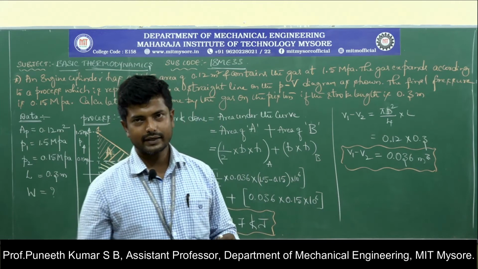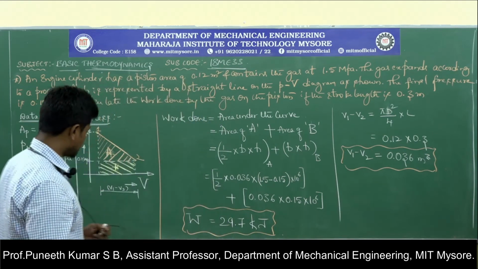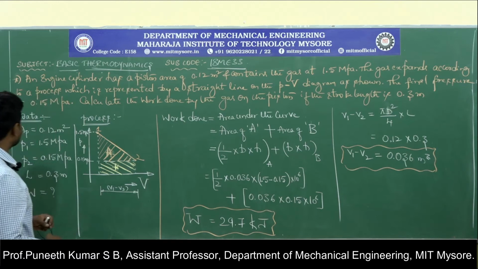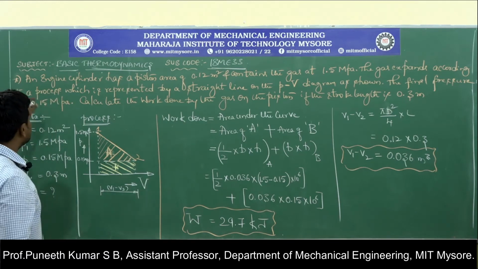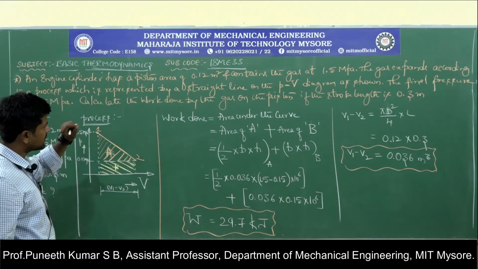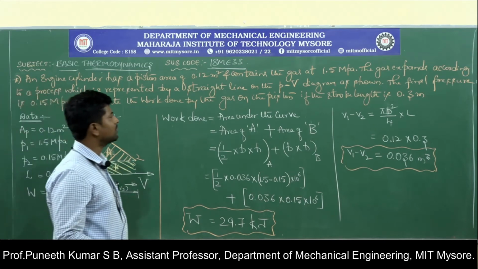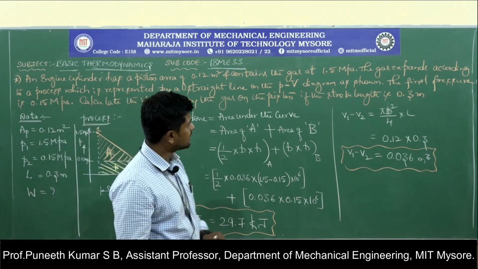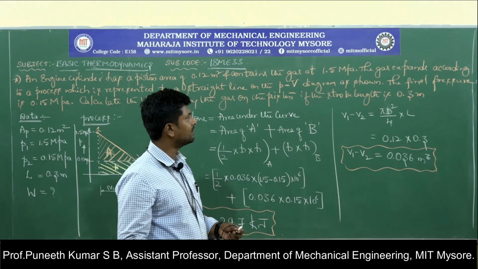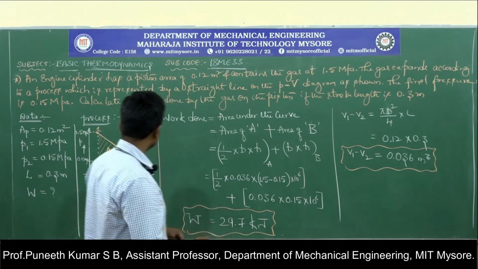Moving on to the next problem. Once again we start the problem by reading it once. An engine cylinder has a piston area of 0.12 meter square and contains the gas at 1.5 megapascal.